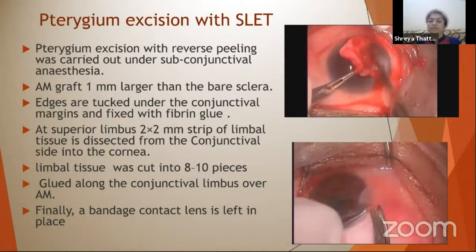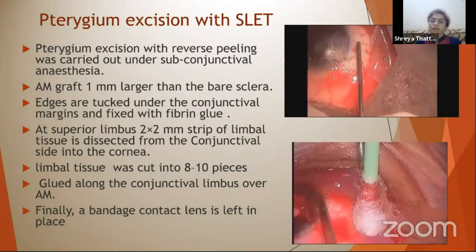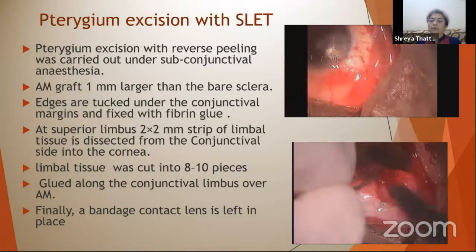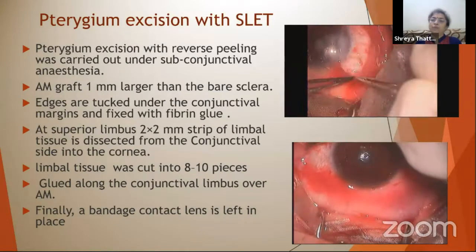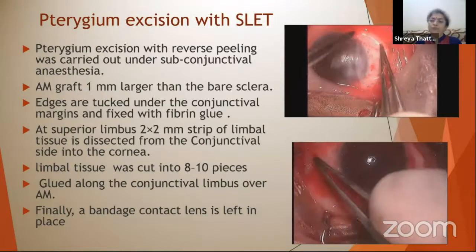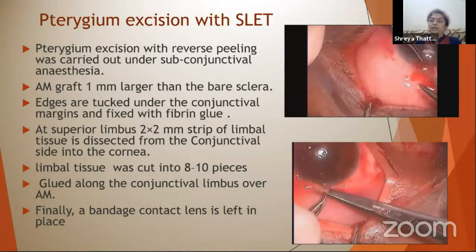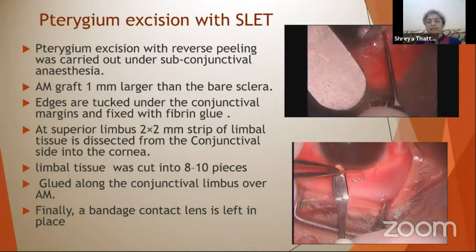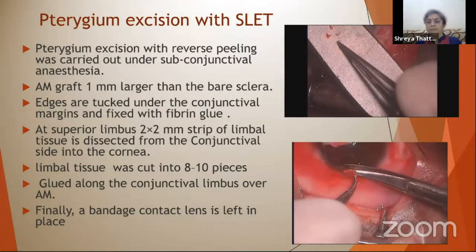Again, you can see with this reverse manner, you can get a very clear corneal and scleral surface, and then you can glue the amniotic membrane and put the margins or the edges of the amniotic membrane beneath the conjunctiva. Then from the ipsilateral superotemporal side, a small strip of the stem cells can be cut, and this strip can be cut into smaller pieces, and these again can be glued over the amniotic membrane near the limbus.